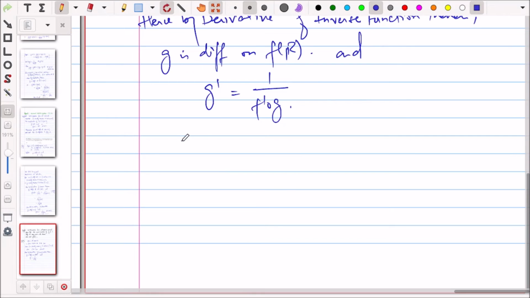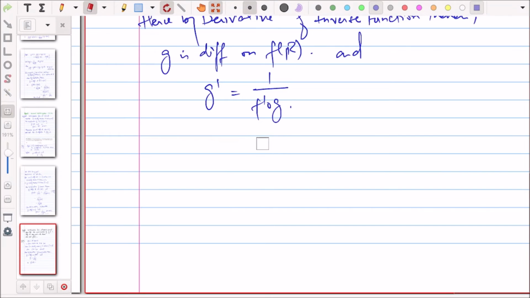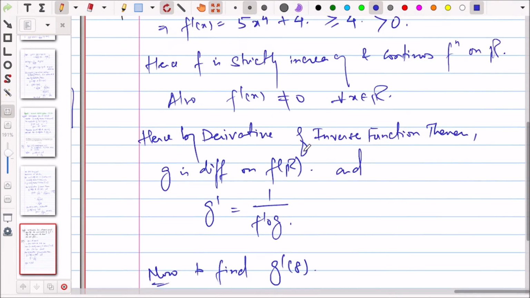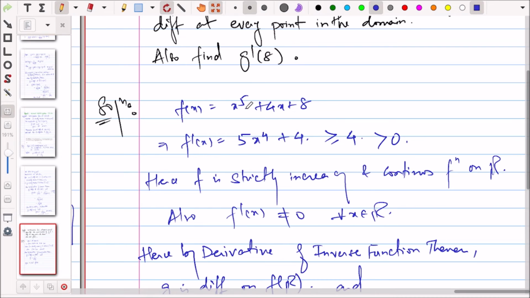To find g dash 8, d is 8, so at which value does 8 come? We have to find c, the value of x at which the function f takes the value 8.